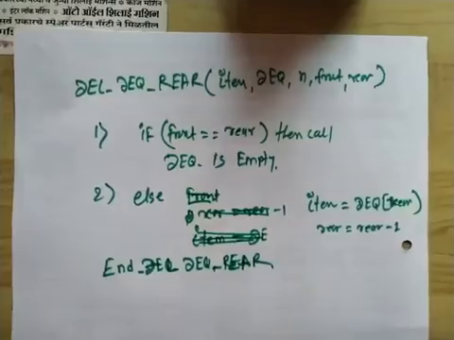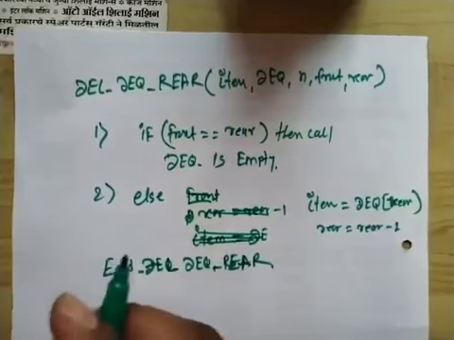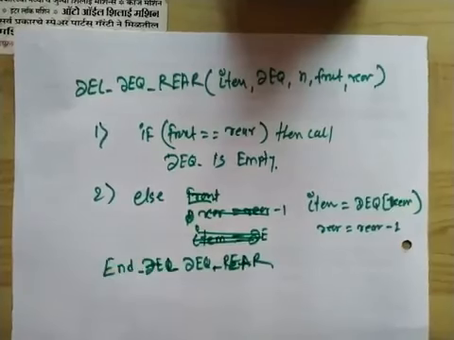Very simple. If your front and rear are both pointing to the same position, it means the queue is empty and we cannot delete through the rear end.